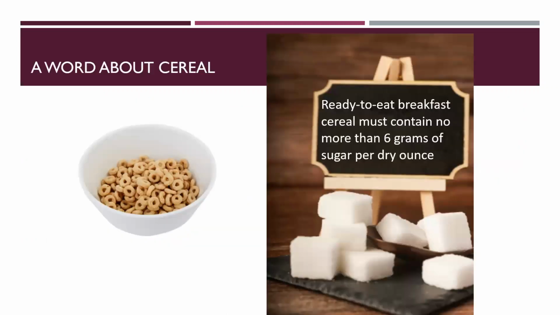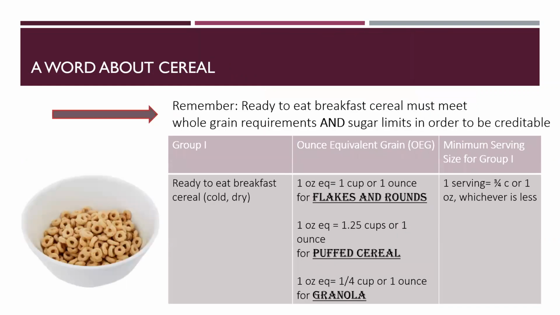A word about cereal. When looking for cereal that is creditable for CACFP, ready-to-eat breakfast cereal must contain no more than 6 grams of sugar per dry ounce. Ready-to-eat breakfast cereal is found under Group I. Cereal is based on volume, such as cups instead of weight.